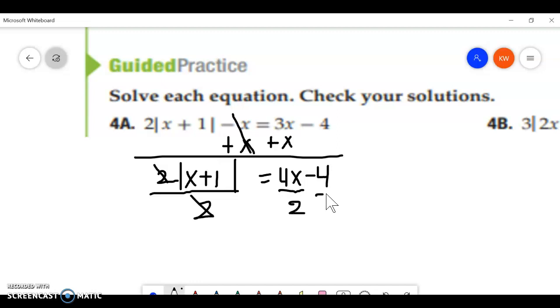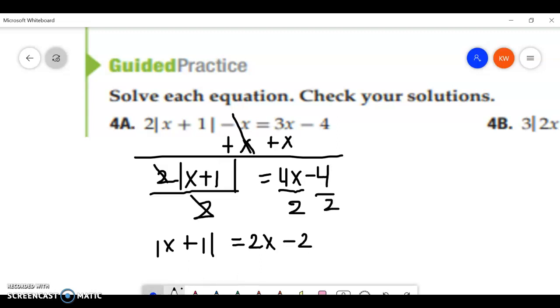Dividing everything on the right by 2 and everything on the left by 2 gives us x plus 1 by itself in the bar. Dividing 4x by 2 gives 2x, and dividing negative 4 by 2 gives negative 2.